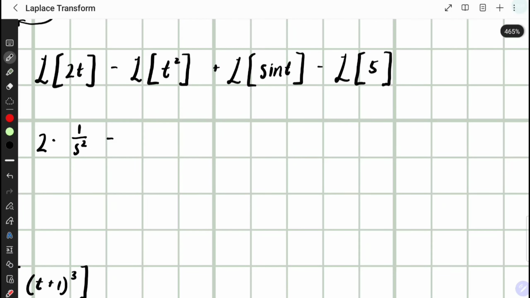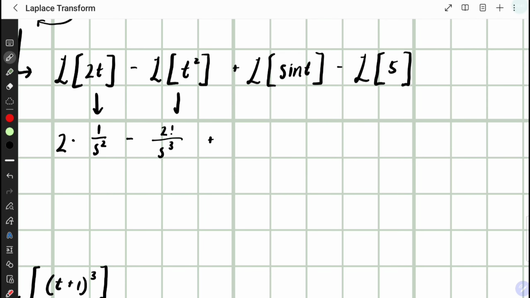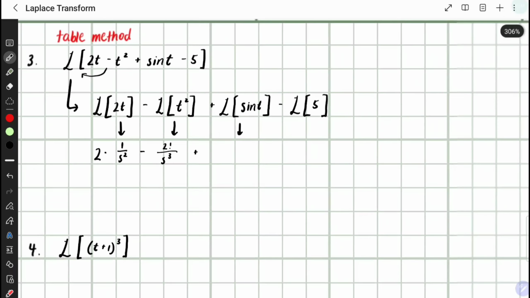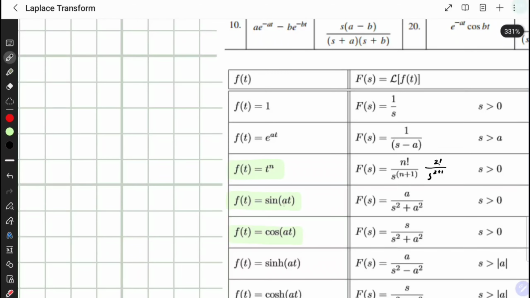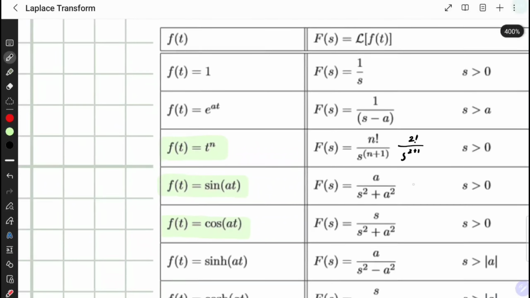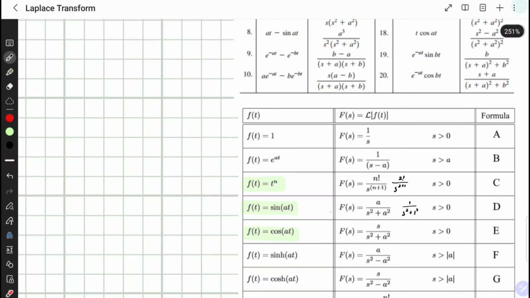Plus, so this is here, the Laplace transform of sine of t. We'll go and find sine of t. Sine of t is here. Our a in this case is 1 since it's just sine of t. So we have 1 over s squared plus 1 squared since our a is 1. So the Laplace transform of sine of t gets us 1 over s squared plus 1.